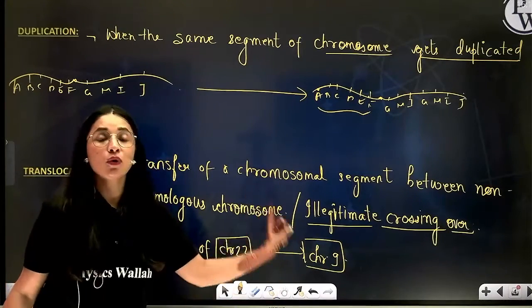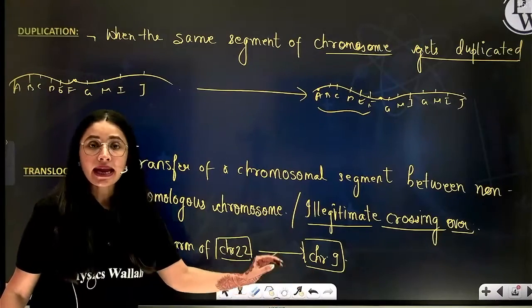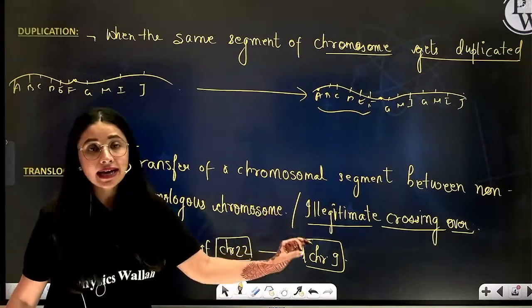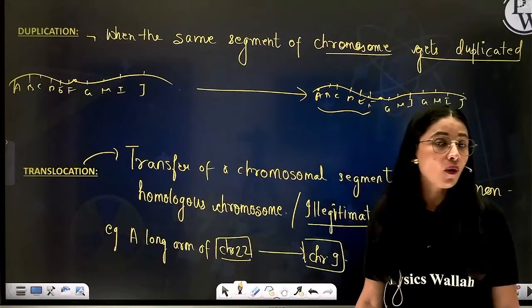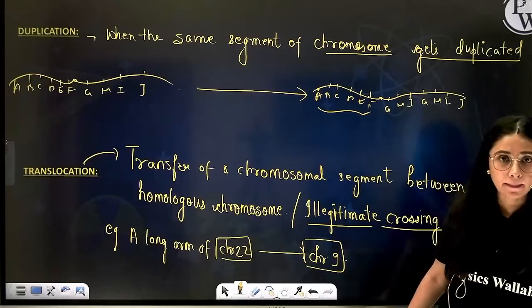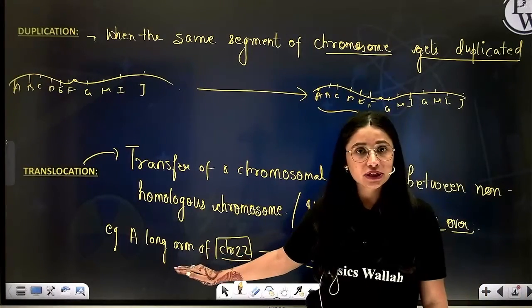So it is going to cause some change in the phenotype, and it causes a type of cancer called Philadelphia cancer or Philadelphia leukemia. Understood the three types of chromosomal mutation?